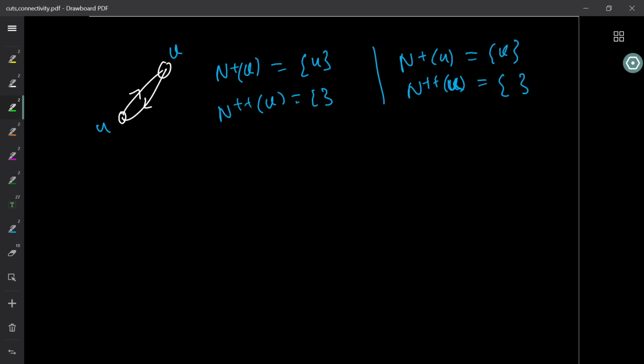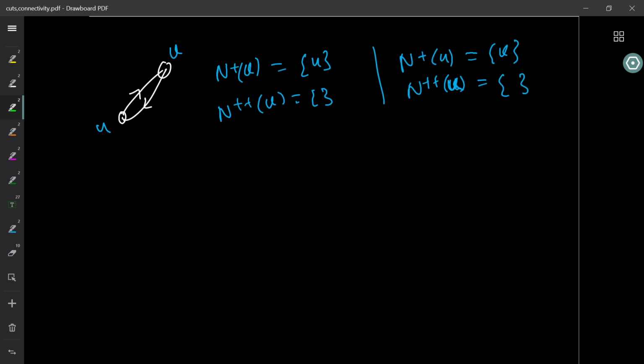But now, people observe this. Suppose we are looking at oriented graphs, where we don't have directed 2-cycles. Then one can find some vertex whose N plus of v has one element and N plus plus of v is empty, right?